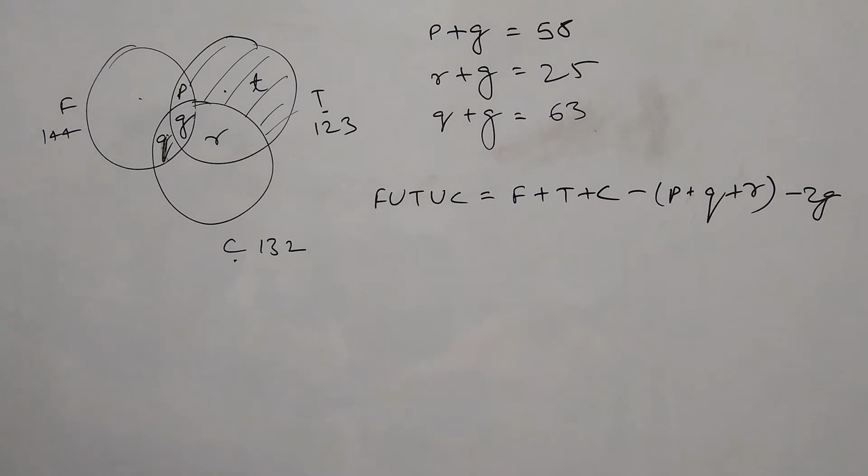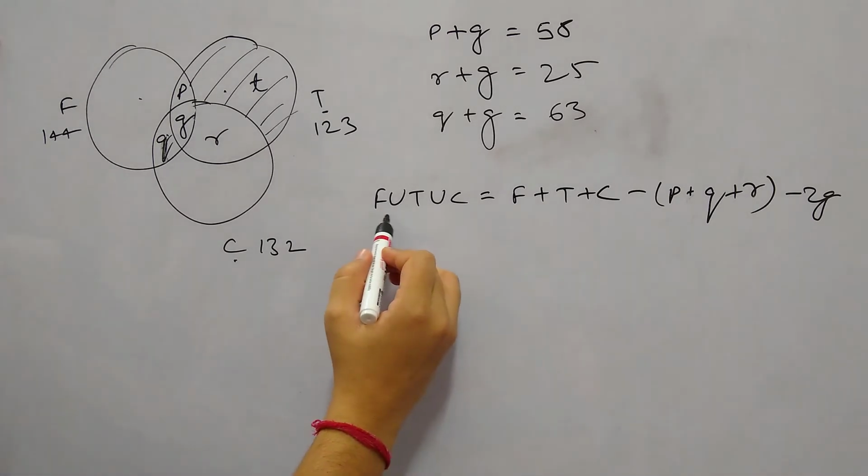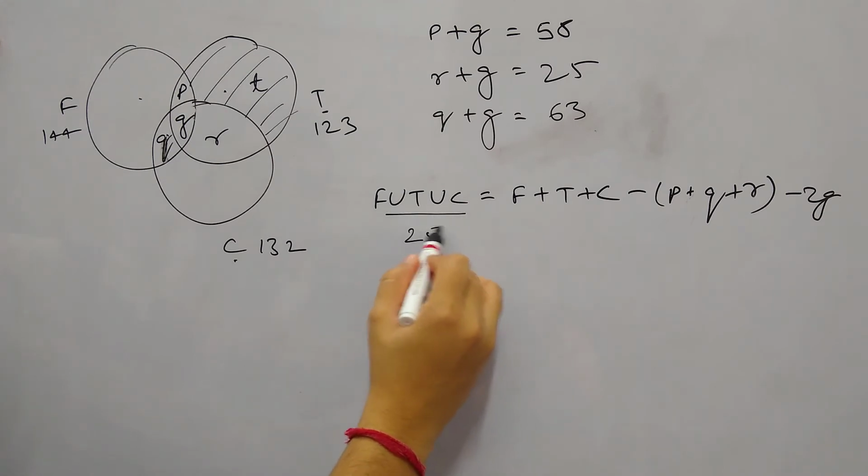If you are not sure how we are getting this formula, I have given the link in the card. In my previous video, another question of CAT, I have explained this concept, so you can check that video.